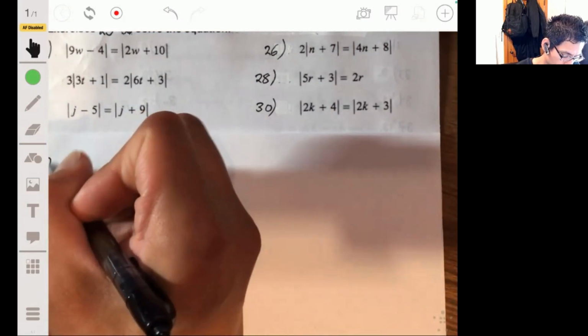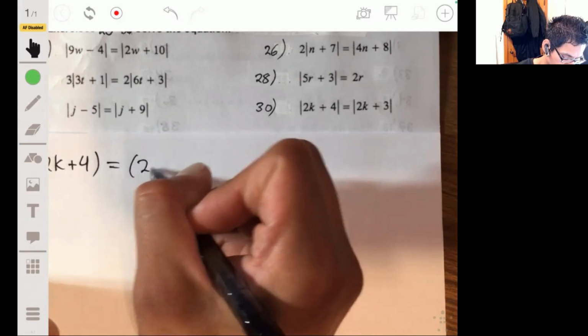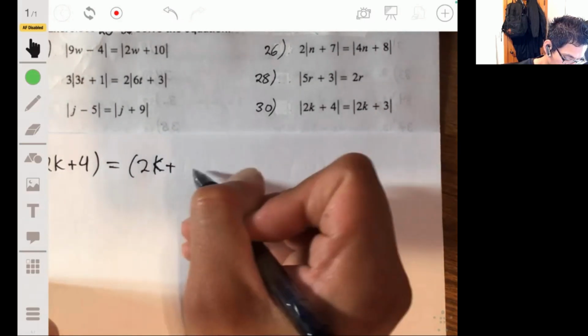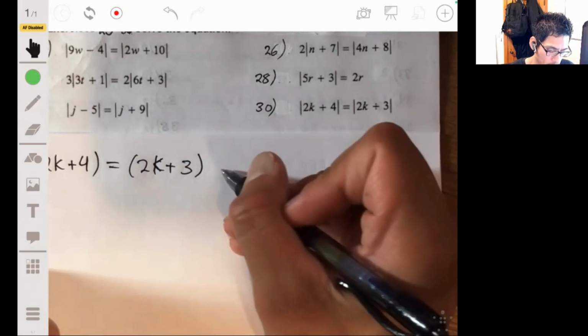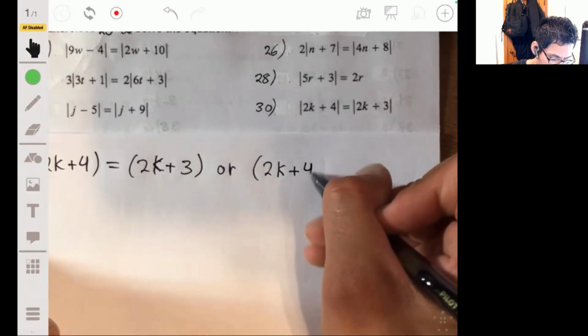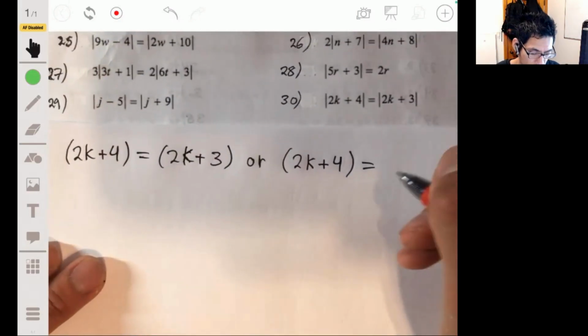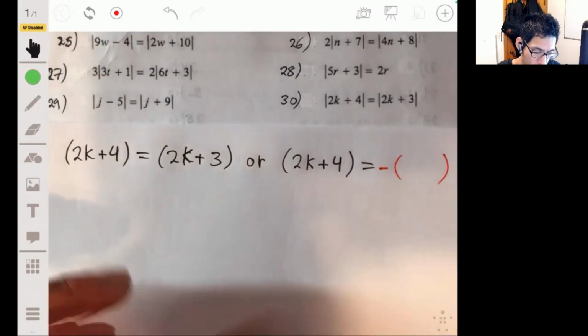30. 2k plus 4 equals 2k plus 3. Or, let's keep the left side the same. Let's multiply the right side by negative 1.